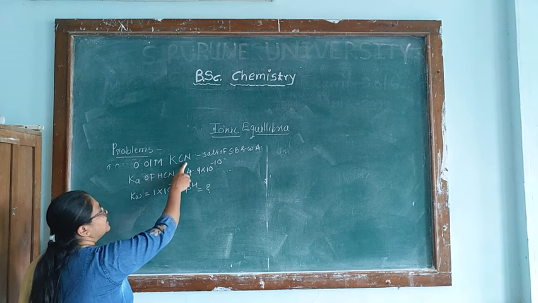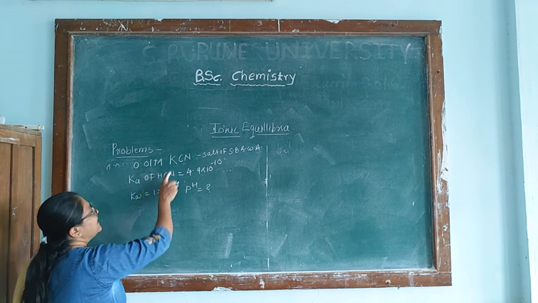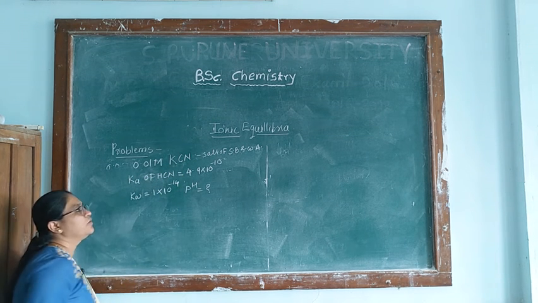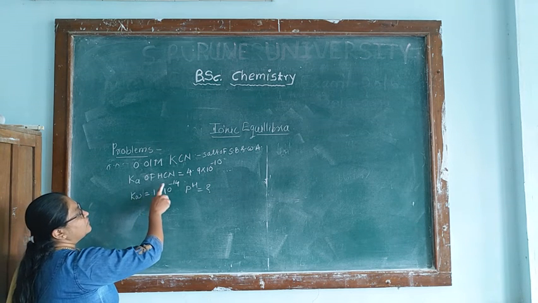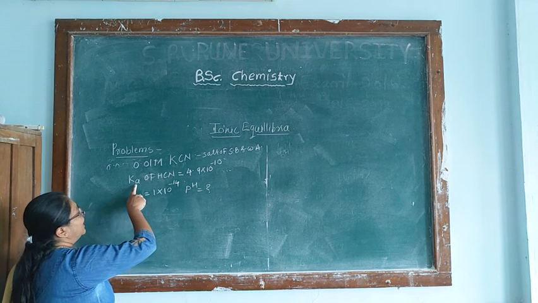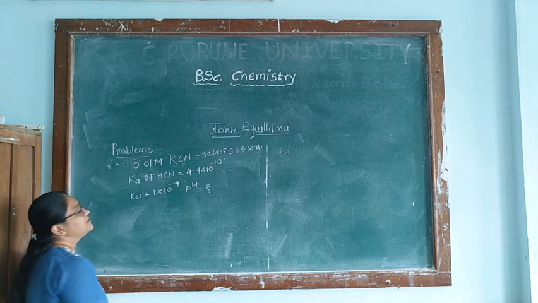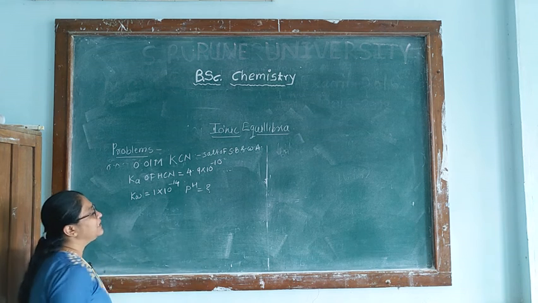Here the ionization constant for the weak acid, hydrogen cyanide, is given, and the ionization constant for water is given, and we are asked to calculate the pH.